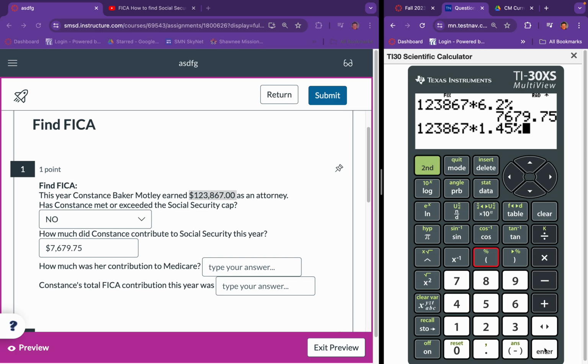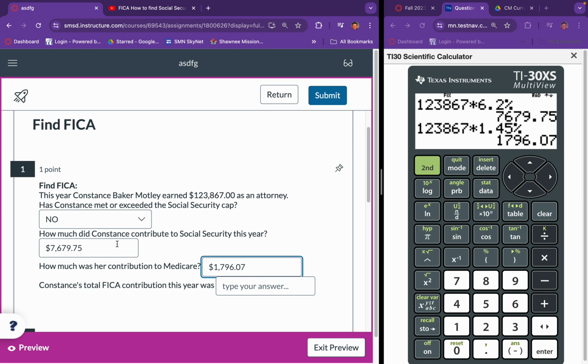We're going to find out that this year Constance contributed $1,796.07. So that is how much she put into Medicare.